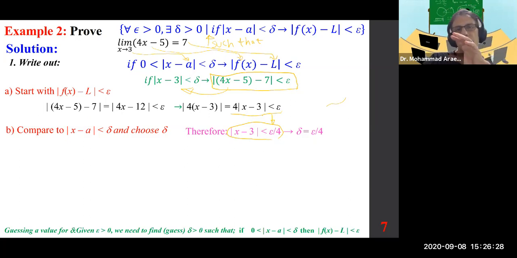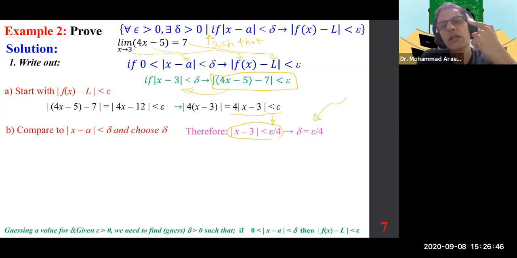What does this mean? I want to make sure we understand. According to this calculation, whatever you pick for epsilon, I'm going to make up the delta. Let's say your choice of epsilon is 1, and 1 is huge, you shouldn't, but just for the sake of argument, 1.